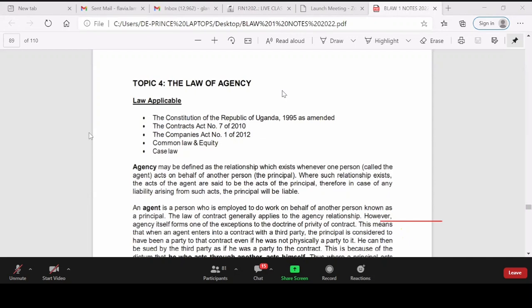So it doesn't affect your ownership. You still remain the owner of the property, because when the sale was entered into, ownership was transferred. So that does not affect your property. It's not taken away from you.